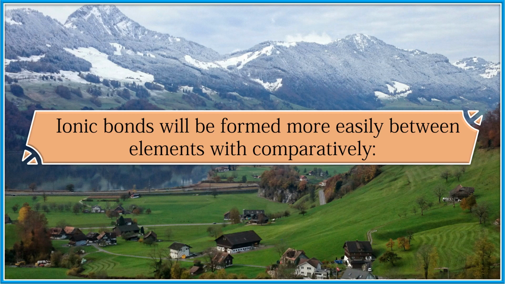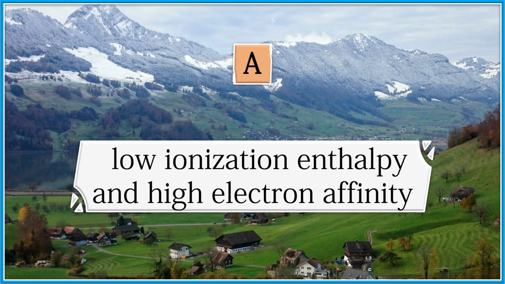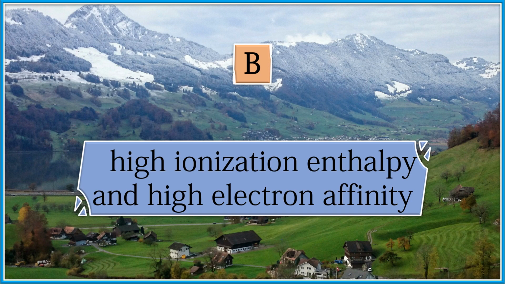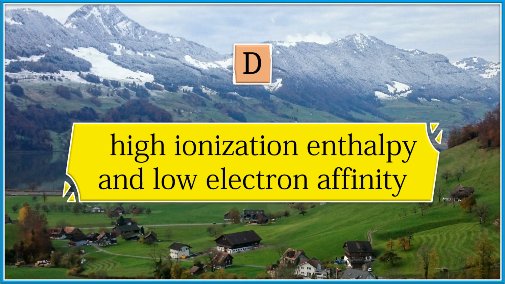Ionic bonds will be formed more easily between elements with comparatively: low ionization enthalpy and high electron affinity; high ionization enthalpy and high electron affinity; low ionization enthalpy and low electron affinity; high ionization enthalpy and low electron affinity.